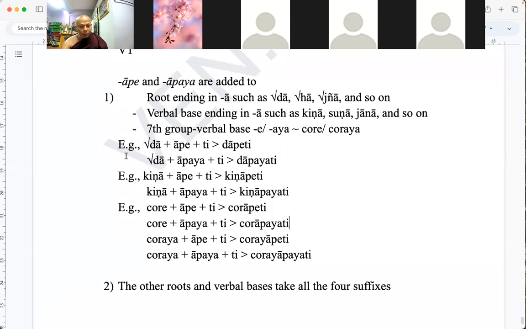And now, second, the seventh group vowel base, those ending in e or aya, jore, joreya. So jorapeti, jorapayati. Then joreti, joreyati. In the same way the other one is chindeti, chindayati, chindapeti, chindapayati, and so on.